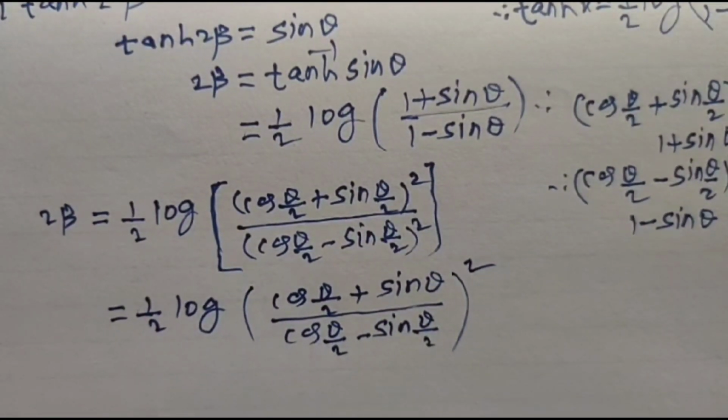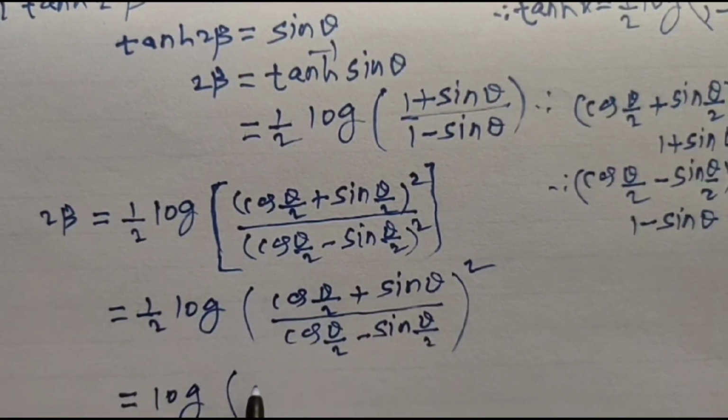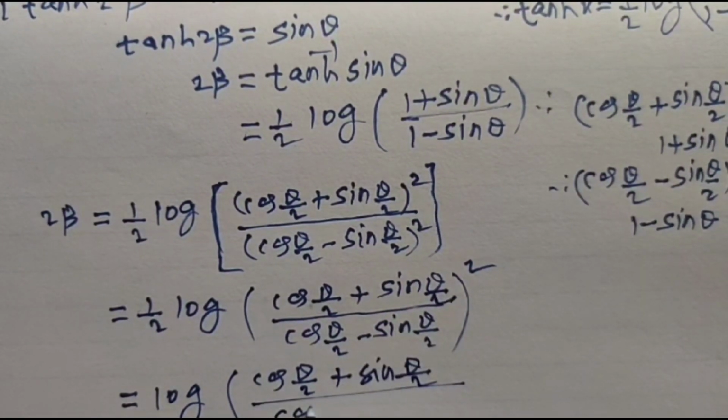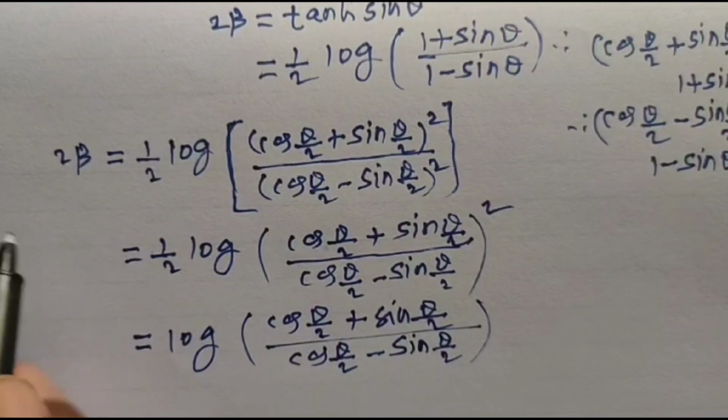Okay. Now by the property 2 we can take the square out. Then logarithm of cos theta upon 2 plus sin theta upon 2 divided by cos theta upon 2 minus sin theta upon 2. Okay. Now take this 2 on the right hand side.